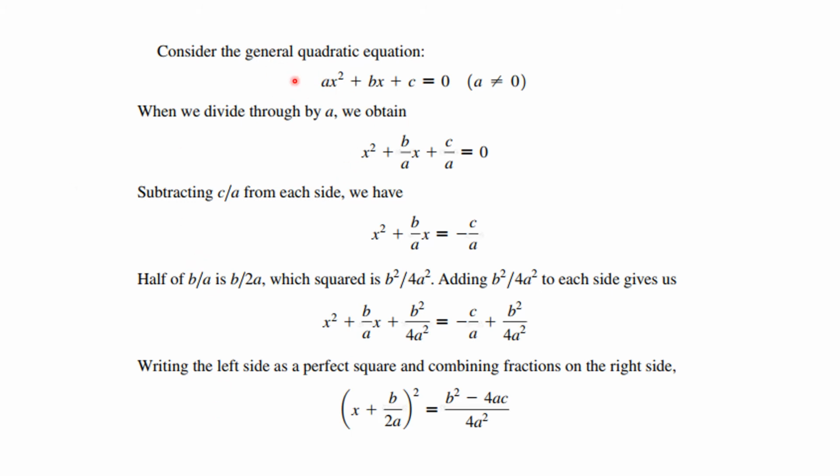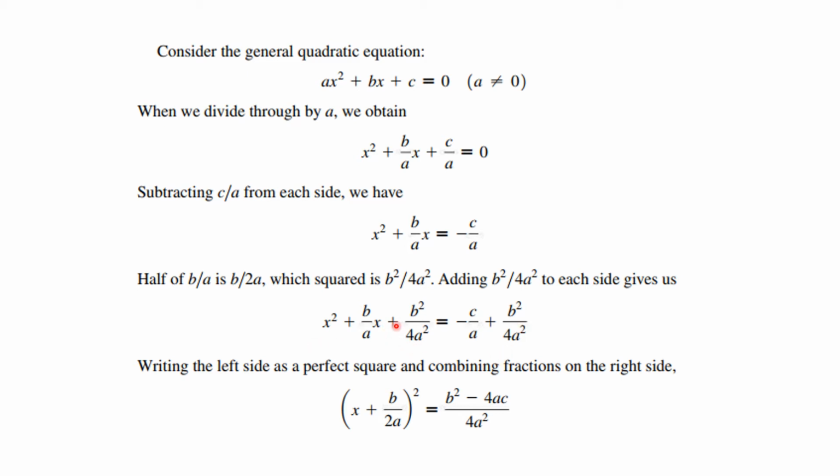First of all, to do the quadratic formula, we have to put it into this form. So it is ax squared plus bx plus c. The reason we do that is we have to know what a, b, and c are. Now, if we divide all the way through by a, and subtract this from both sides, we have this. Then what we're going to do is complete the square. That means we're going to add b squared over 4a squared to both sides.